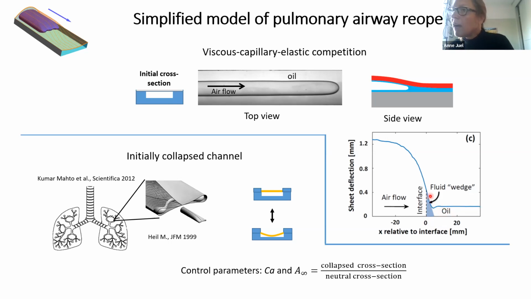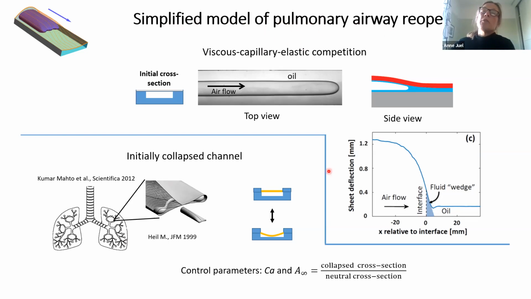All the fluid dynamics in this system take place in this fluid wedge right ahead of the interface. And it's the size and the form of this fluid wedge that to a large extent determines how the system is going to reopen.